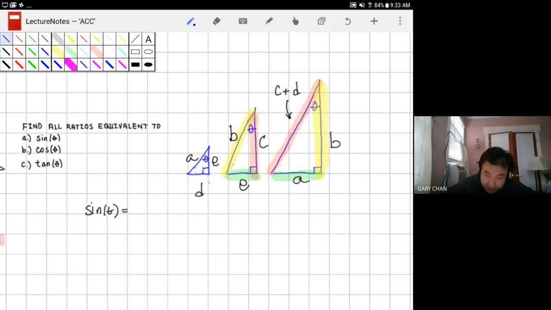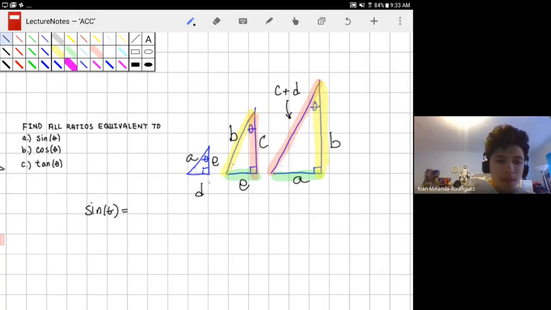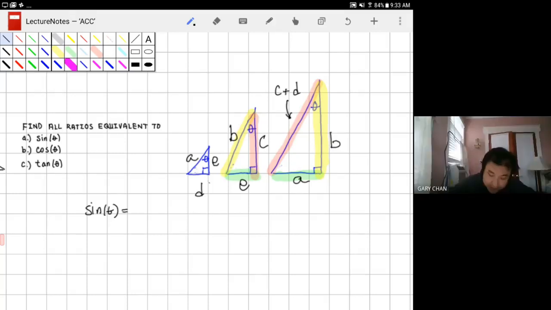Opposite over hypotenuse. Kian, can you do us the honors of figuring out what sine theta is for the small triangle? Wouldn't that be D over A or something? D over A. I totally agree. It would be D over A.